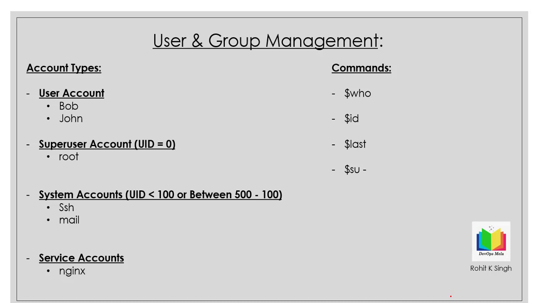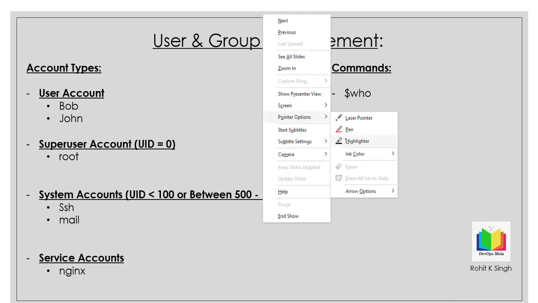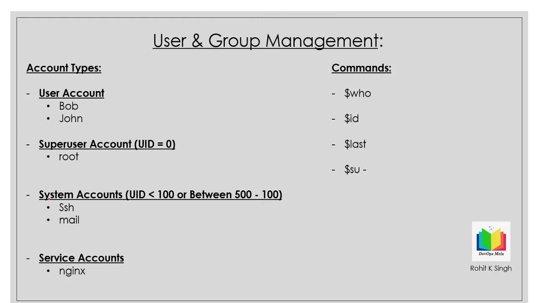If this person has root user access, this person has system administrator access on your system. And there is a UID, an identification through which we identify. The UID will be given as 0 to this root user.